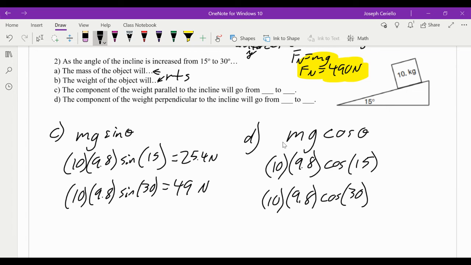Throwing these in our calculator, this is going to be 94.7 newtons, and this one's going to be 84.9 newtons.